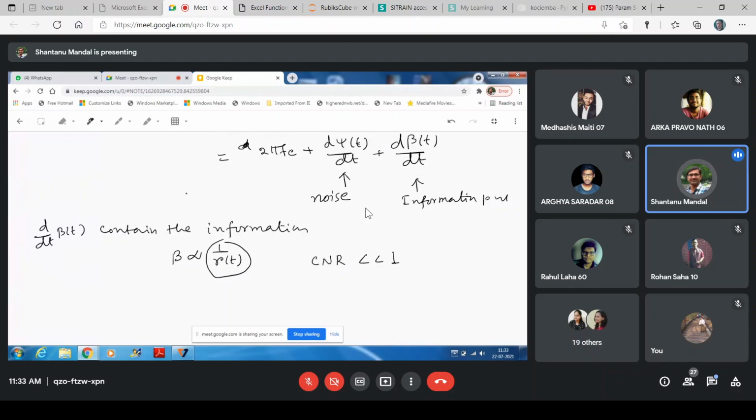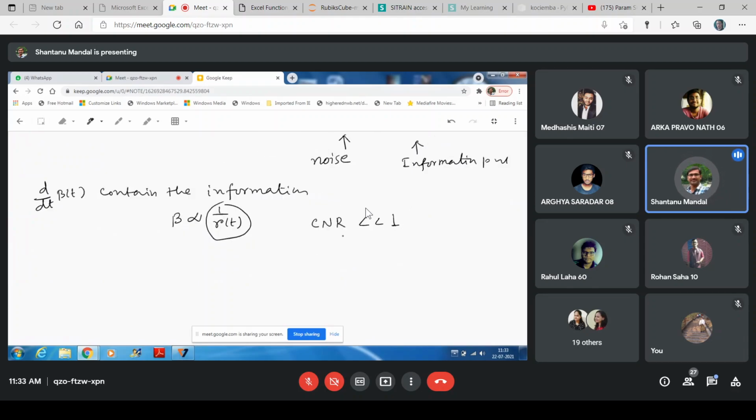So we can conclude that there is some limiting value, below which the output signal is distorted. This limiting value is known as the threshold value, and the effect is known as the threshold effect.